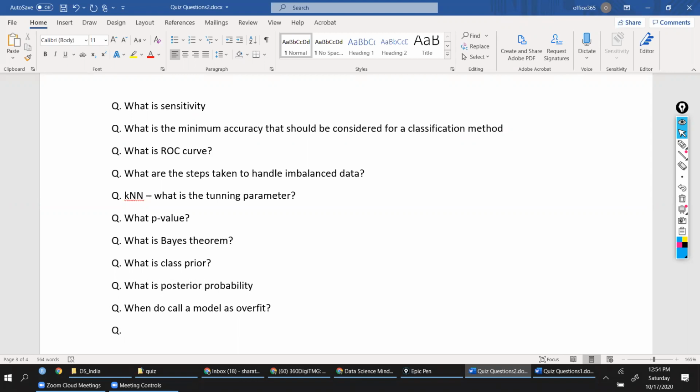How do you measure? What metric do we use to decide on a model's accuracy for regression?